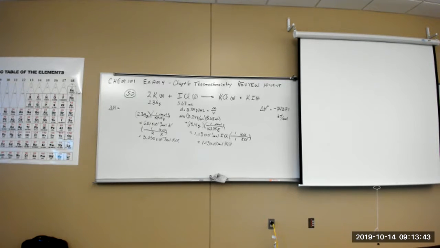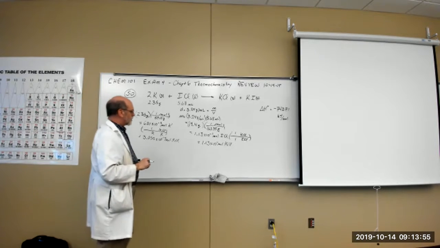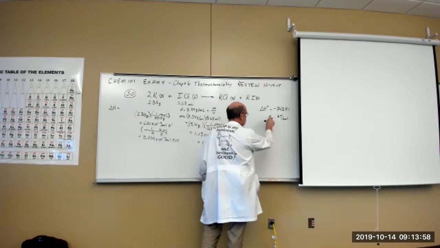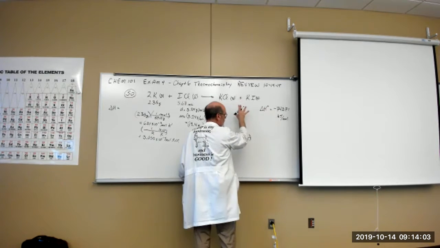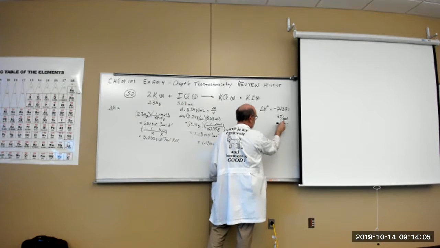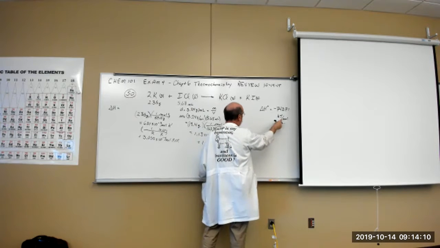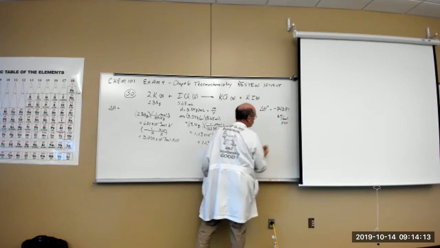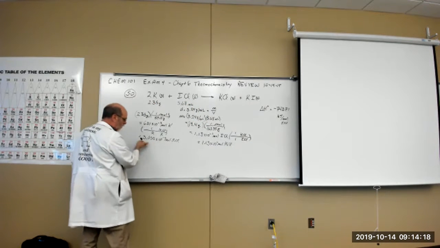Let's see if I'm still on the right track here. All right. So if we're saying that this amount of heat is evolved for this equation, and we base it on 1 mole here, this is equal to 1 mole of KCl in this case, then we've already figured out the moles of KCl.